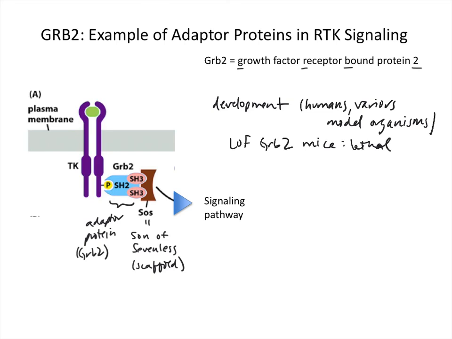And so scientists in that case were able to do a lot of their studies within fruit flies. So in fruit flies, GRB2 has a role in fly eye development.